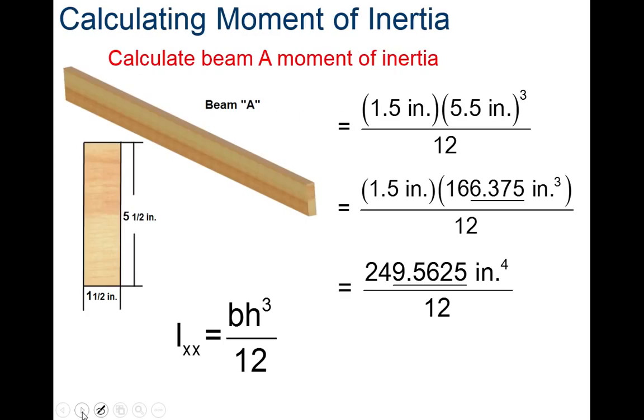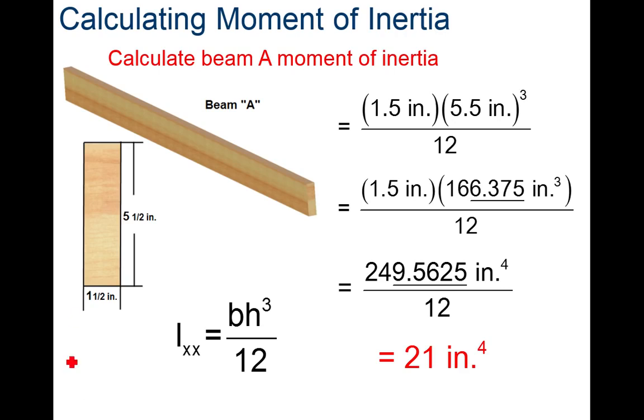Let's do an example. You can go ahead and jot this one down, and let's show your work for these 3 steps. This beam is 1.5 inches on its base, 5.5 inches tall, cubed over 12, and then we simplify, and then we'll finally get down to our final answer, 21 inches to the 4th.